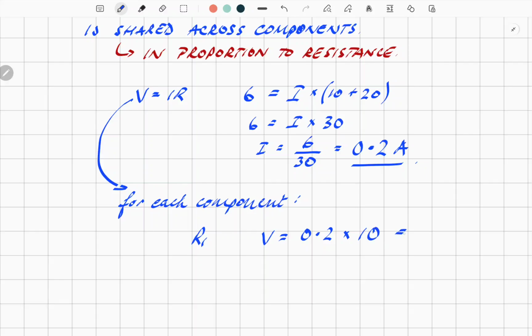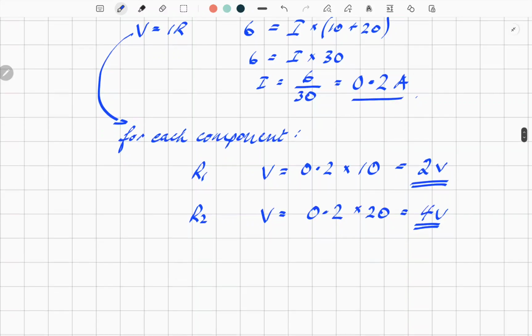Yeah. Okay, so the potential difference across R1 is effectively 2 volts, all right? And then for R2, the voltage, again, same current, that's the important thing, all right, must note that, times 20, 4 volts, yeah? And therefore, look, the total is 6 volts.